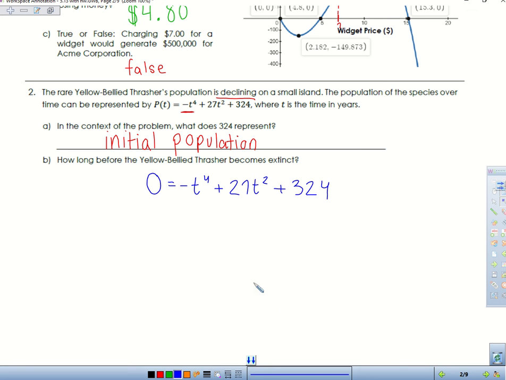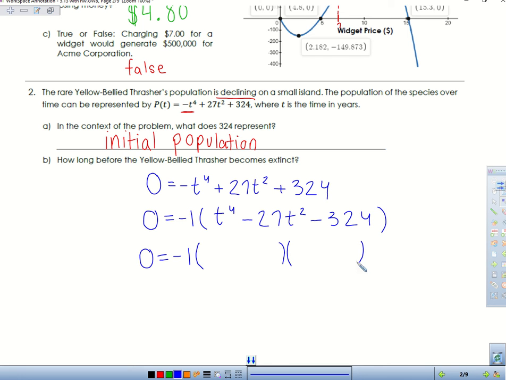And now we got to factor this. So I'm going to start by factoring out a negative 1. And then I'm going to factor this into two binomials.